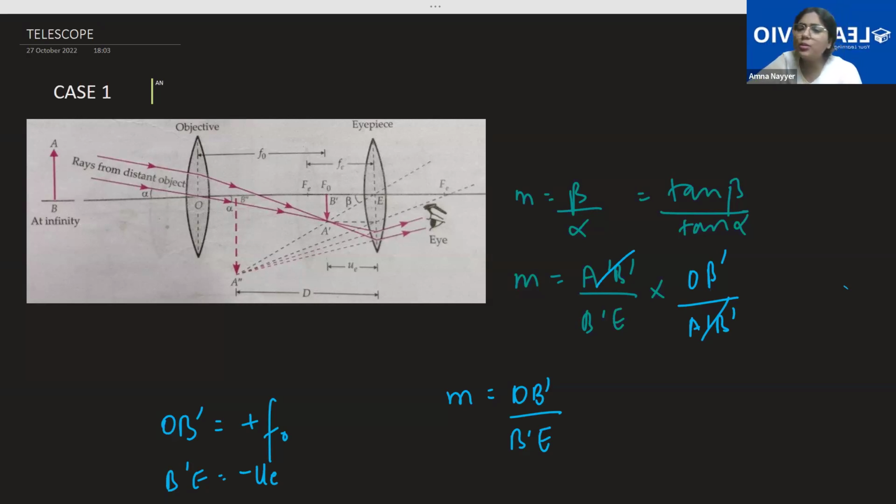Here, telescopes are usually used to view the celestial bodies, right? If I want to view the planets and all, I'll prefer a telescope. I won't prefer a compound microscope or a magnifying glass, right? So here also we'll have two cases.